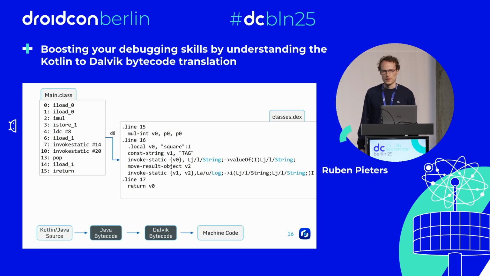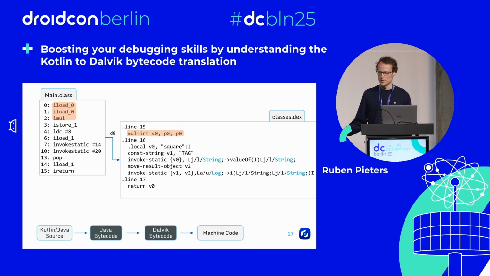The next step is from Java bytecode to Dex bytecode. Dex bytecode can be textually represented as it is on the slide right here. The interesting thing to highlight here is that Dex bytecode is no longer stack-based, it's register-based. So the multiplication instruction is now replaced with something that takes 2 inputs from the same register, P0, which is the first argument, which in an instance method would correspond to this.